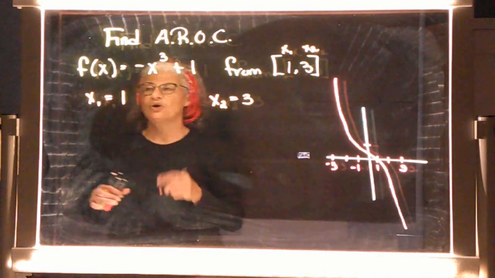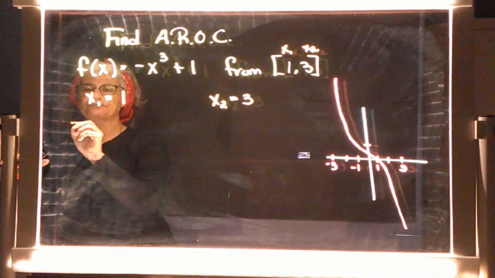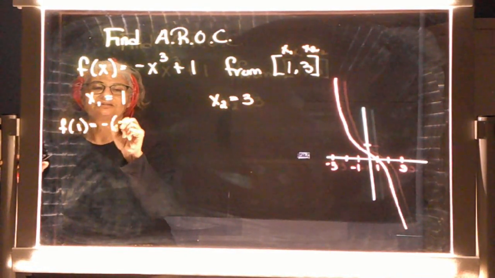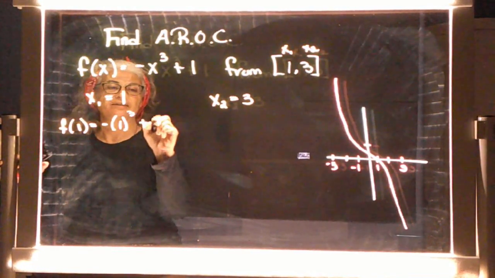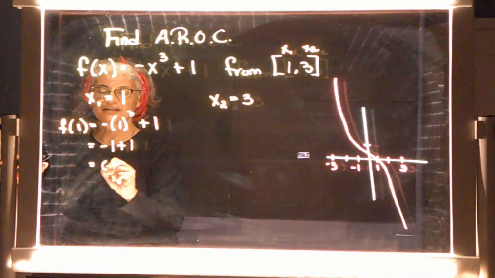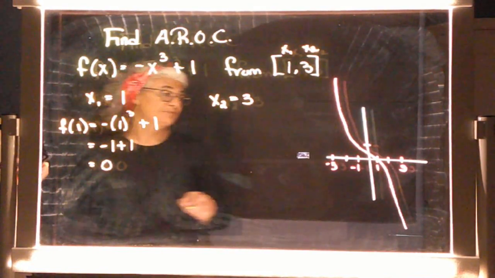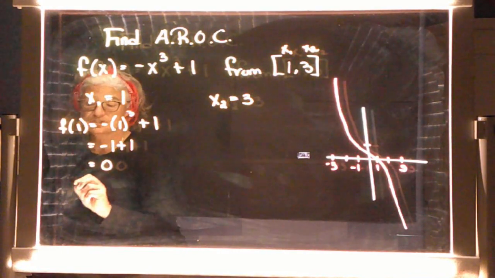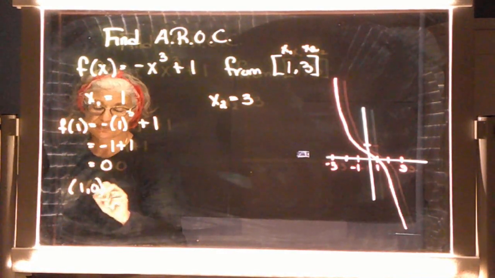So check it out. When we plug these in, so f of positive 1, right? Let's do the math, so to speak. Let's take care of our arithmetic. And I ended up with 0. Well, there it is, 1, 0, which is what I have graphed anyway. So this would be 1, 0.